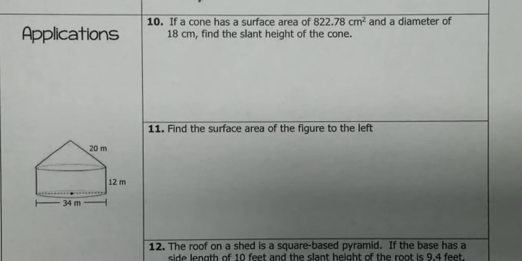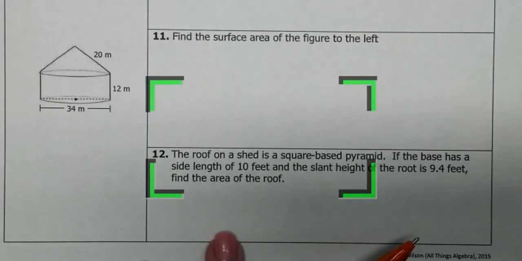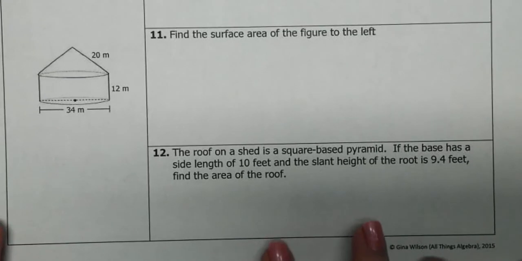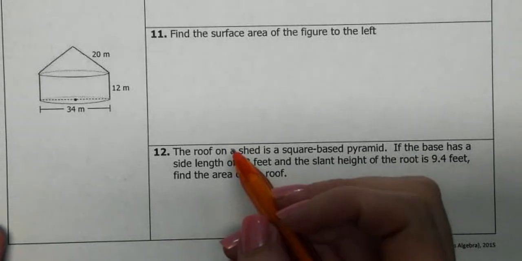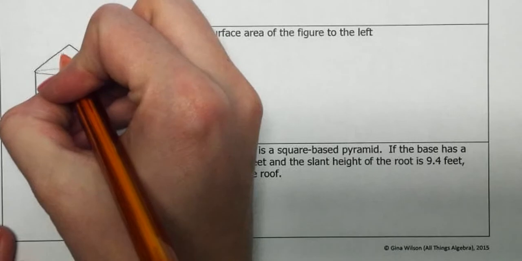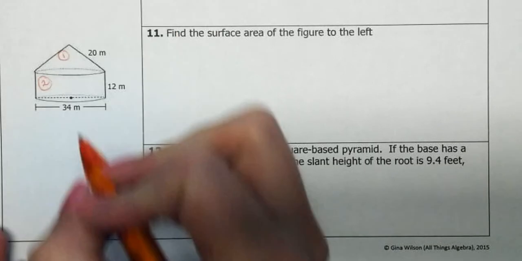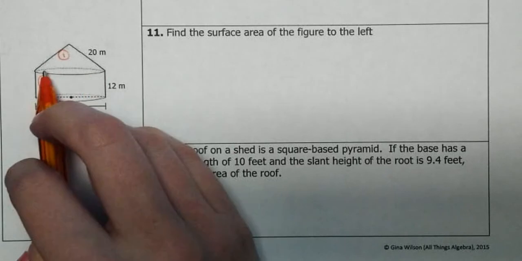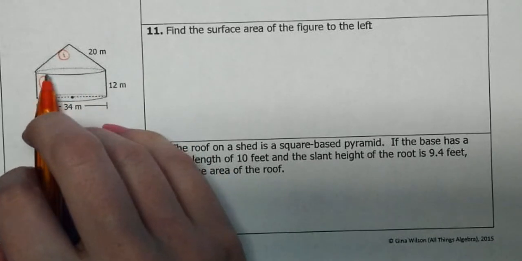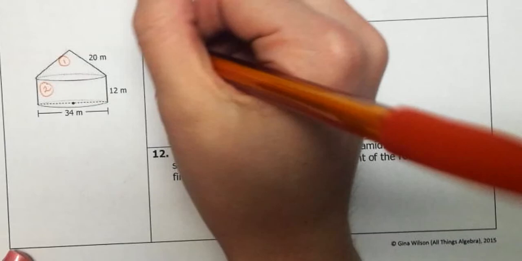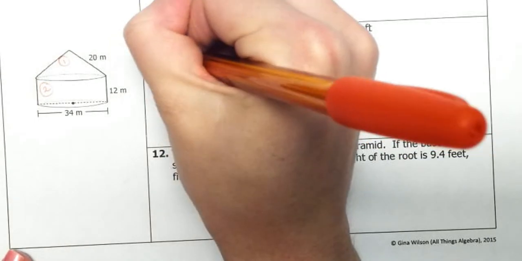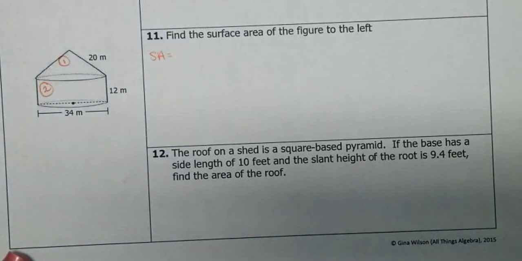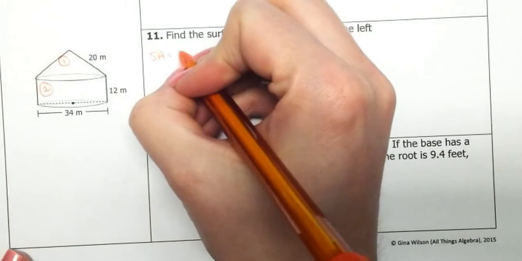I want to look at number 11 and number 12. So I want to find the surface area. When we talked about composite figures, we broke it down into 2 different figures. That's what we're going to do here. We're going to find the surface area of this cone up top first. My surface area formula is pi r squared plus pi r l.